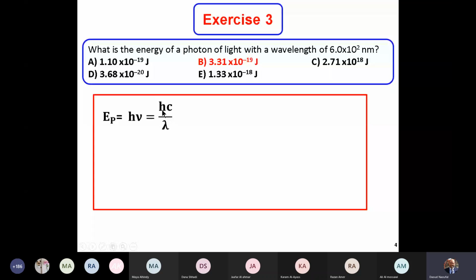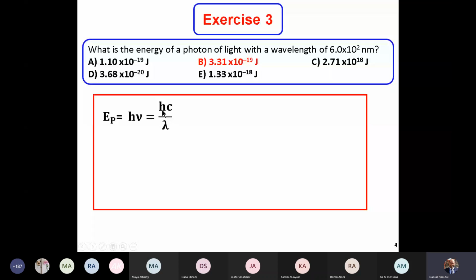E, h, c, and lambda should be in the same system, the SI system, the international system. So h is in joule second, c in meter per second, lambda in meter, and E in joules. So E equals 6.62 times 10 to the minus 34, times c equal to 3 times 10 to the power 8, divided by lambda. Lambda given is in nanometer. It should be transformed to meter. 1 nanometer equals 10 to the minus 9 meters.